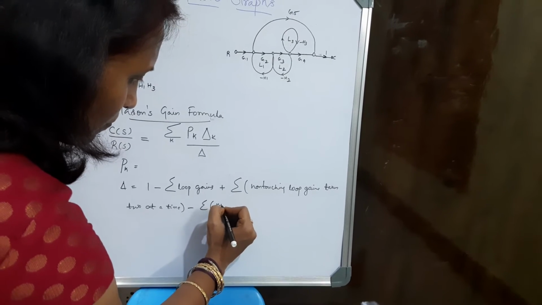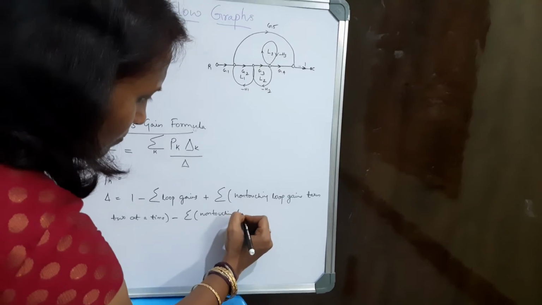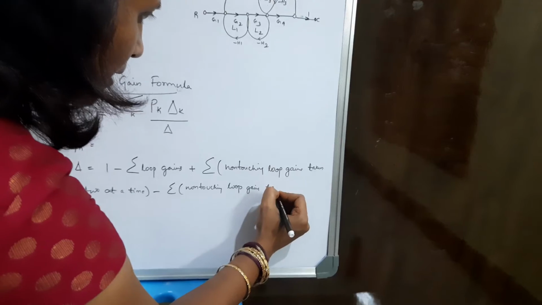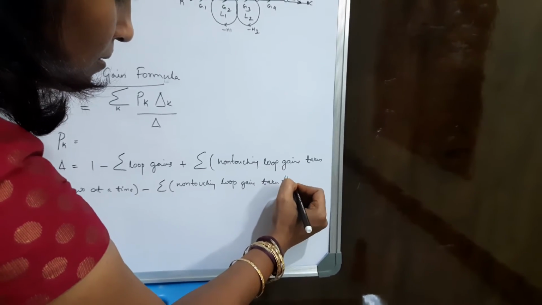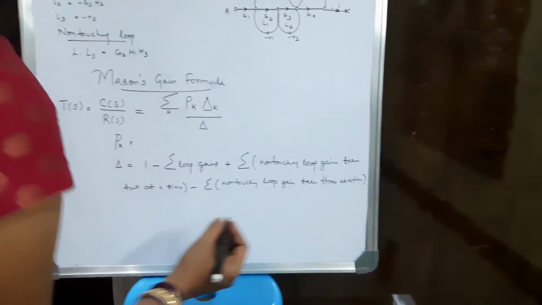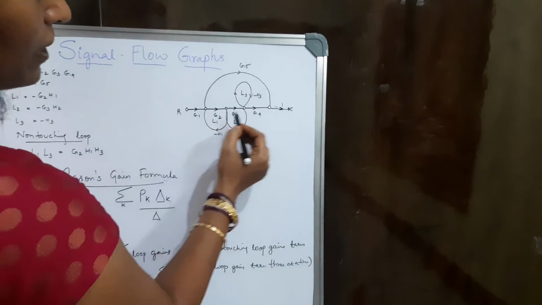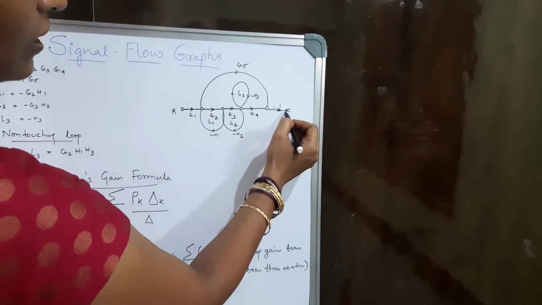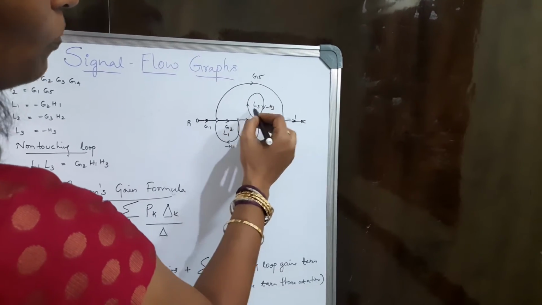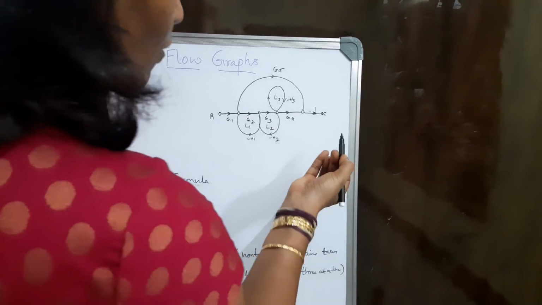Summation of non-touching loop gains taken 3 at a time. Meaning here I have just considered 2. There may be a chance wherein you have one more loop like this. So there can be a 3 loop combination wherein they are not touching each other, meaning they are not sharing a common node.